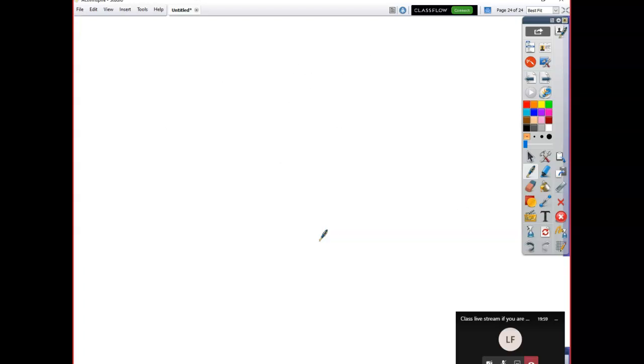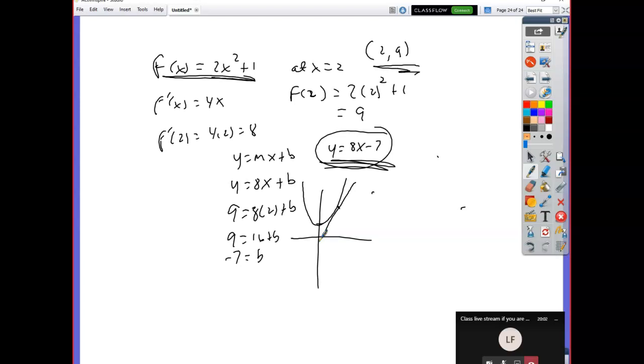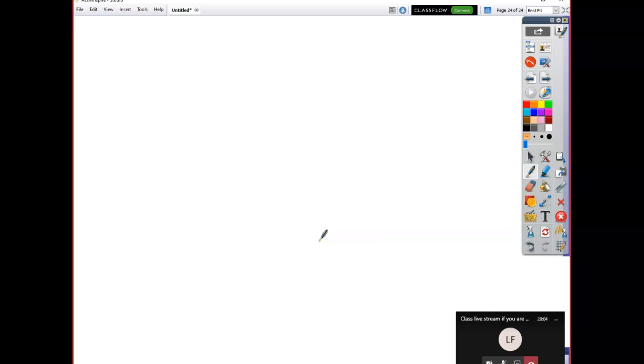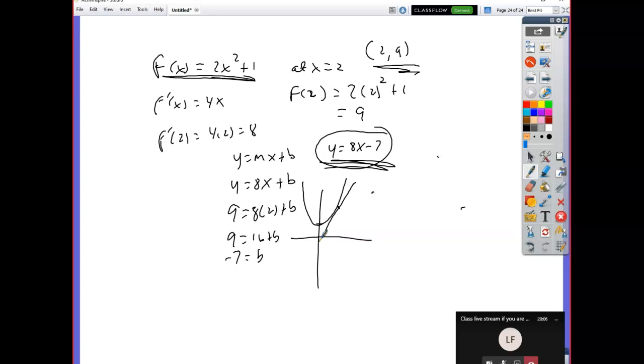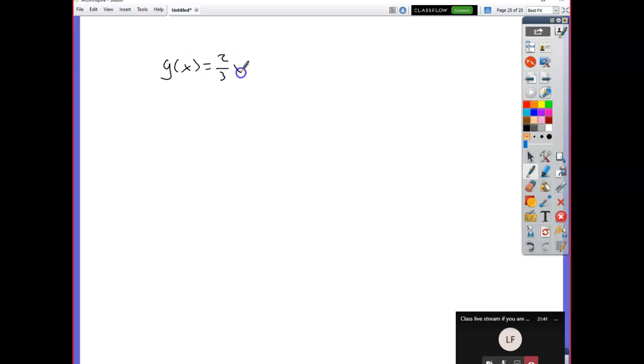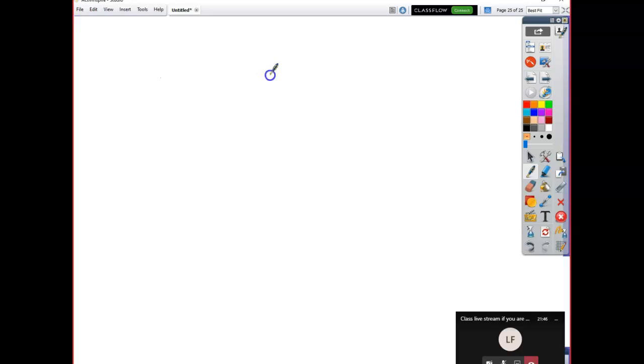Let's move forward. Let's do practice problems. Try to find the slope of a graph. Find the slope of a tangent line to the graph. Well, that's too easy. You know, actually find the whole tangent line. Let's find the slope of a tangent line for g of x equals 2/3 x squared minus 1/6 x.